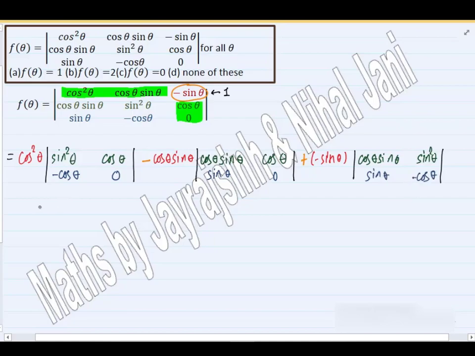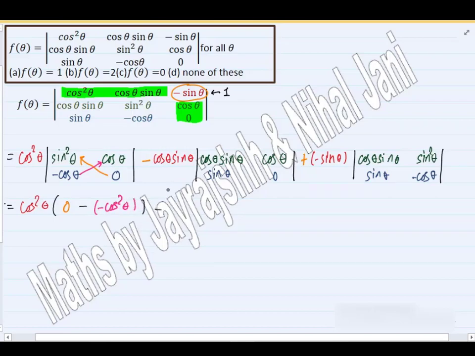Okay, now have courage and just try to expand. The first cos square theta will be as it is, and the determinant can be solved by 0 into sin square theta, which will give us 0, minus cos theta into cos theta will give us minus cos square theta, right?